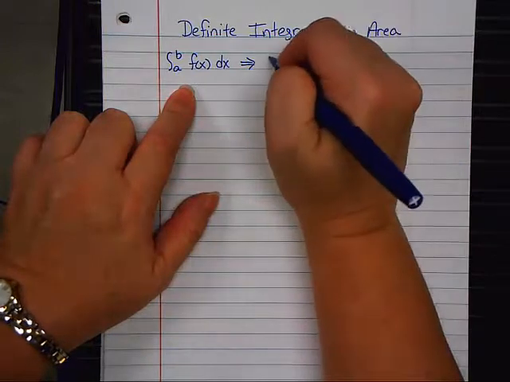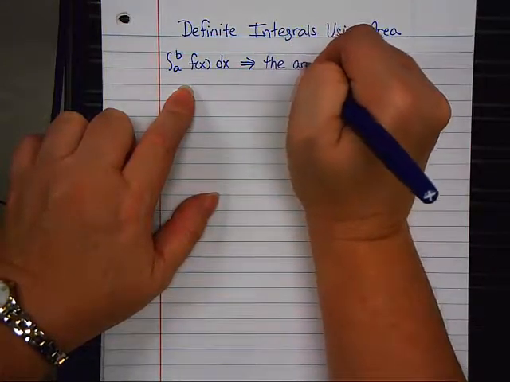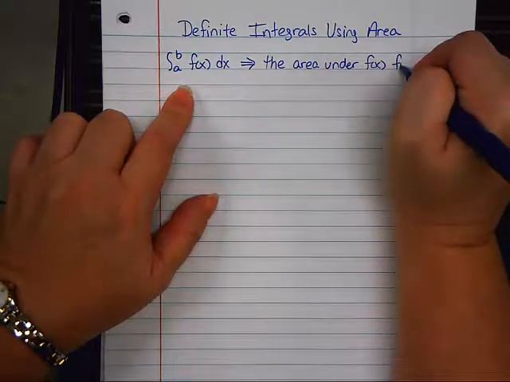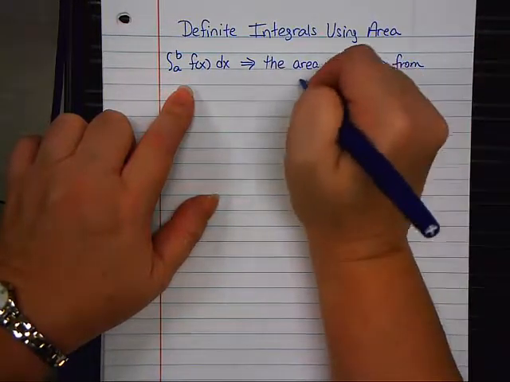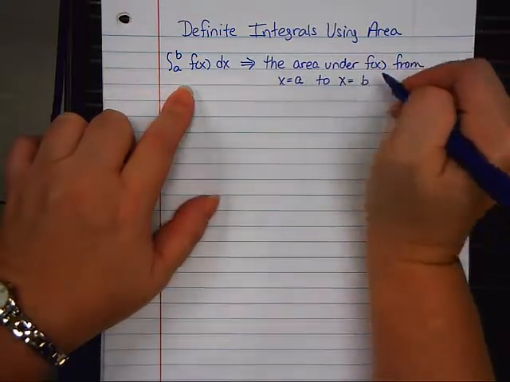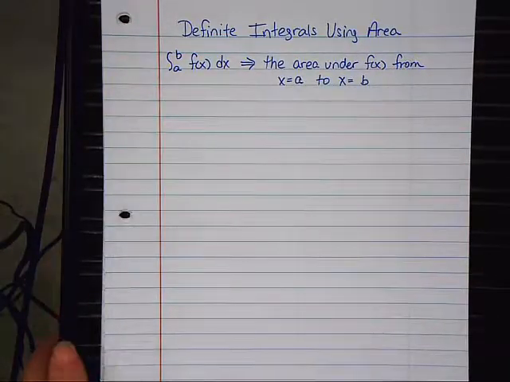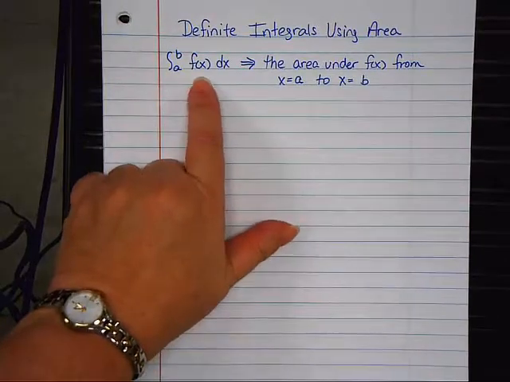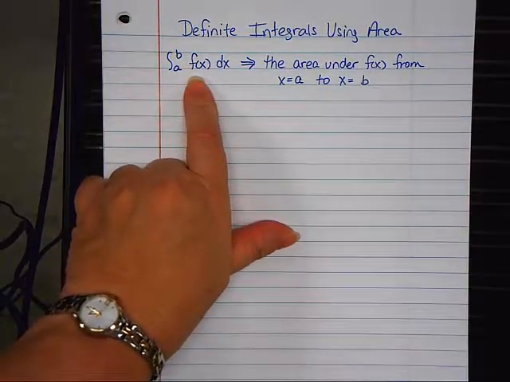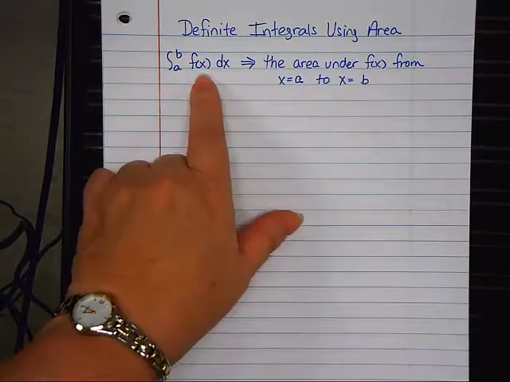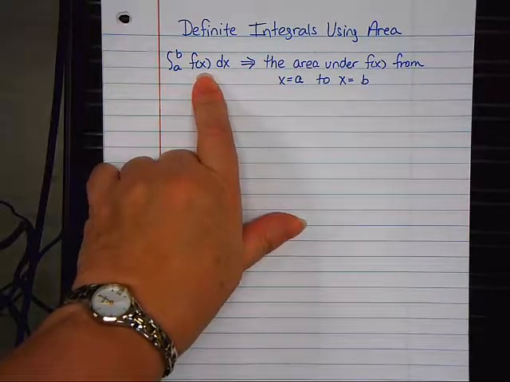And what it represents is the area under f of x from x equals a to x equals b. So you have to keep straight what's x information and what is y information. The a and the b are x's, and the f of x is like a y.